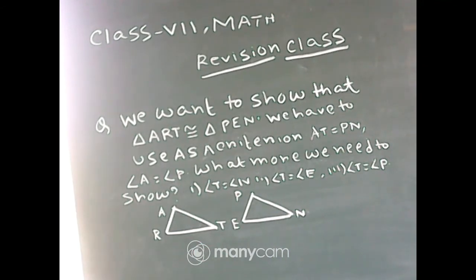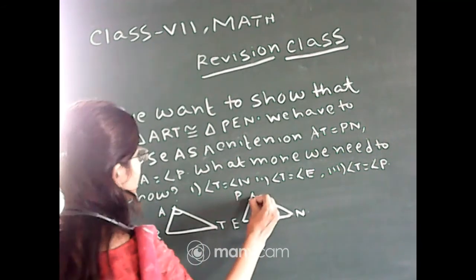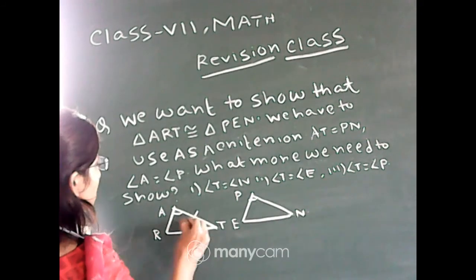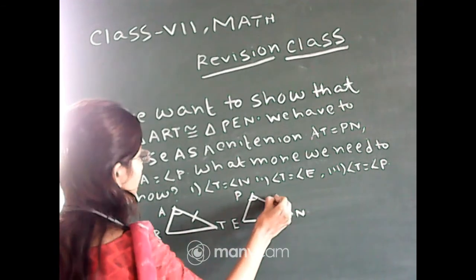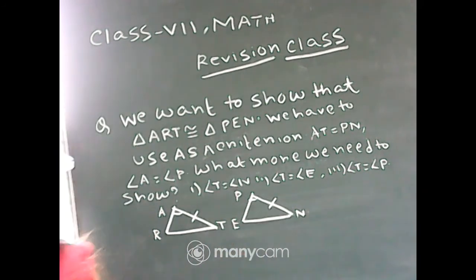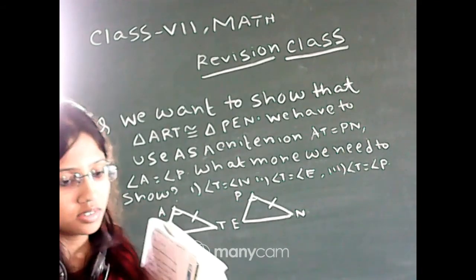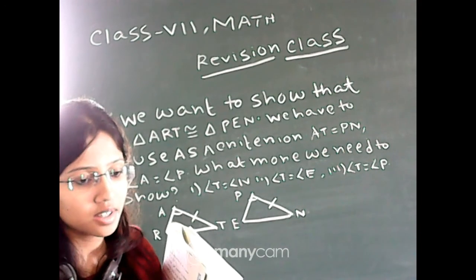Now, angle A is equal to angle P. It is given, also it is given side AT is equal to side PN. Therefore, to use angle side angle criterion, what more we need to show? Can anybody answer this?